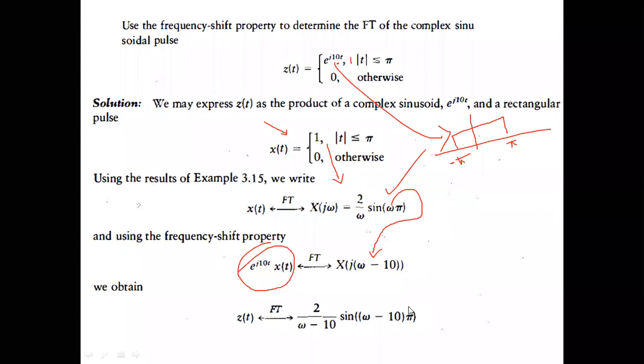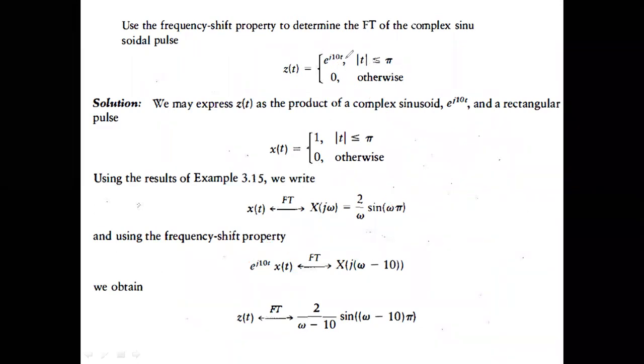Maybe some glitch. I will anyway send you the recording of this also. So where were we? What happened here? We assumed a rectangular pulse. Then we assume this rectangular pulse to be multiplied by an exponential in the time domain.